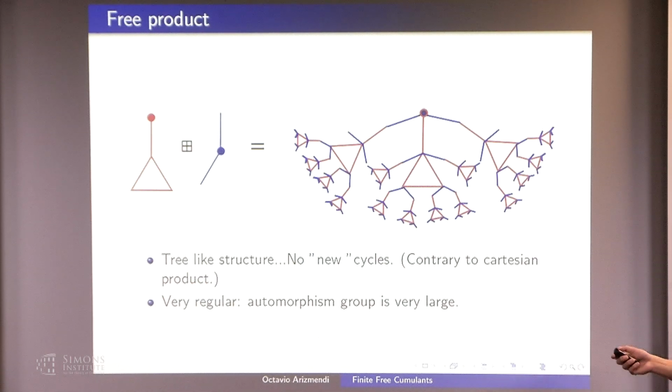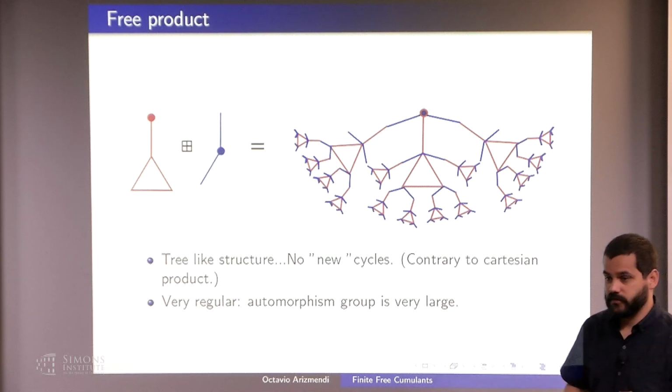Maybe another example is this one. And I just want to mention that, as was observed yesterday, of course, there are no new cycles. And this is very different from Cartesian products, where lines with lines give the grid, which makes a lot of cycles.